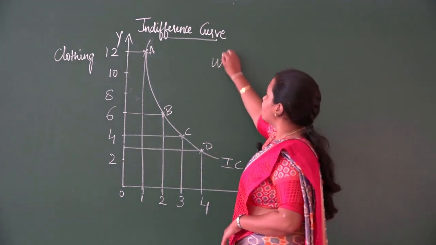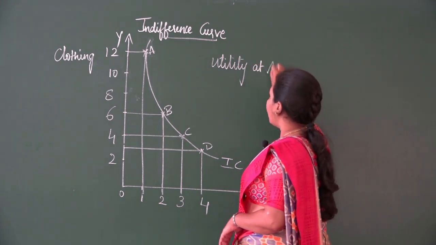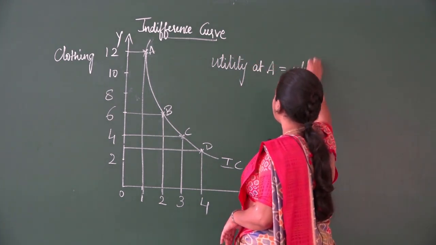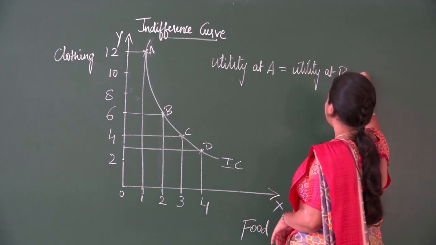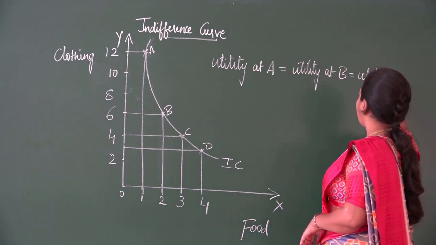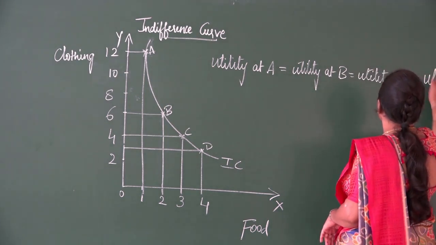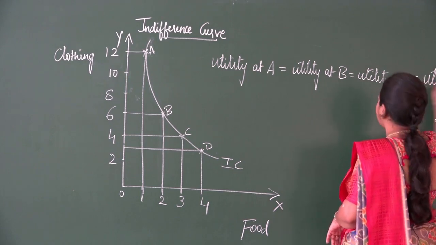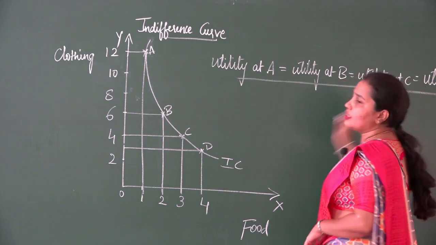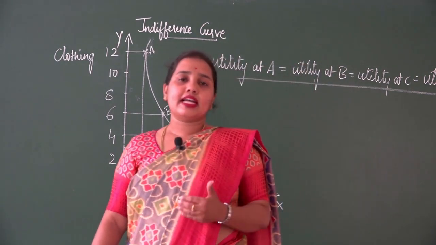To put it in another way, the utility he derives at A will be equal to the utility he derives at B, and that will be equal to the utility he derives at C, and finally it will be equal to the utility derived at D. Therefore, whatever combination he chooses, he derives the same level of satisfaction.